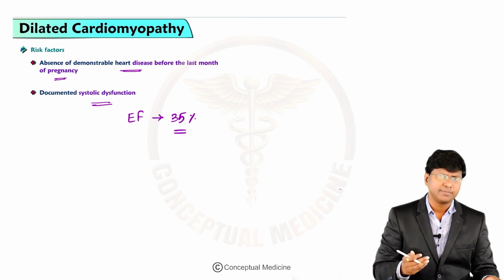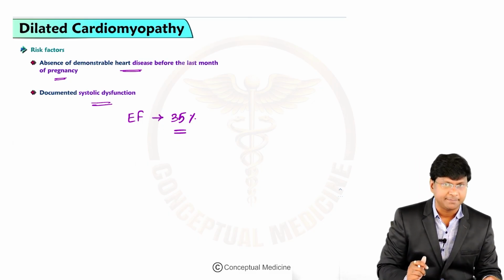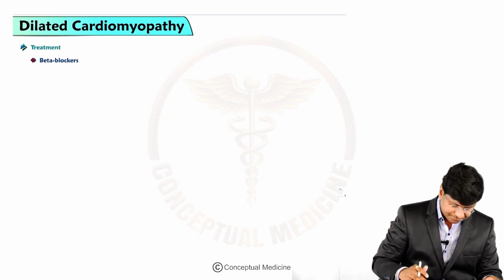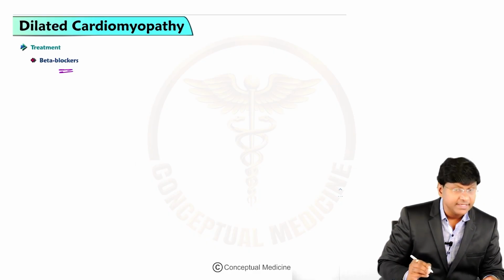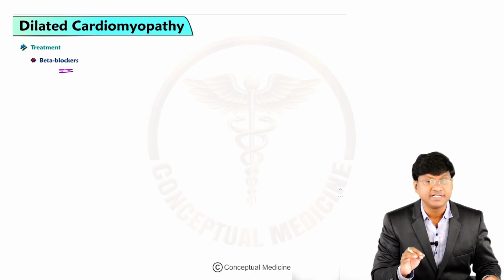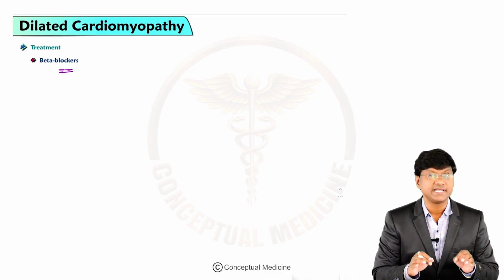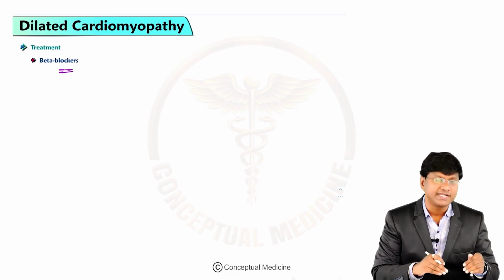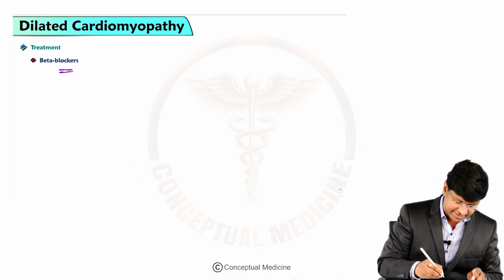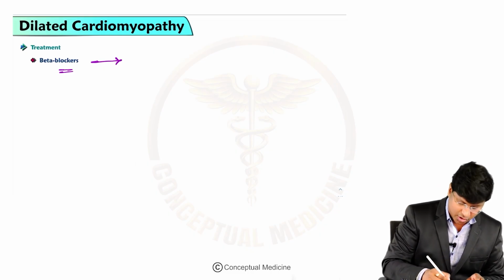Next, how do you treat these patients with dilated cardiomyopathy, which is peripartum cardiomyopathy? The first line drugs are beta blockers. Beta blockers have been administered judiciously to these patients with at least anecdotal success. The beta blocker that you have to administer is sotalol.